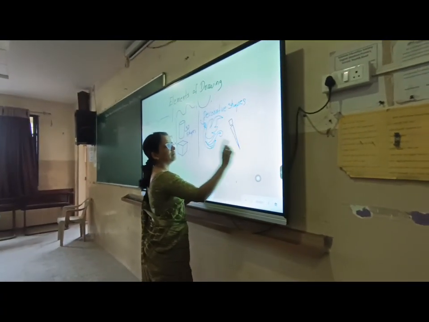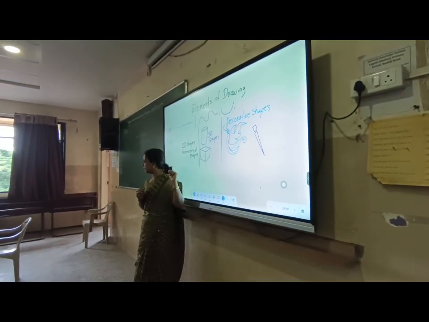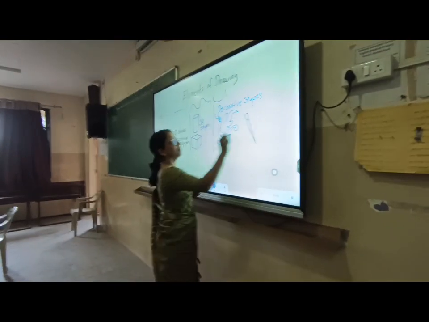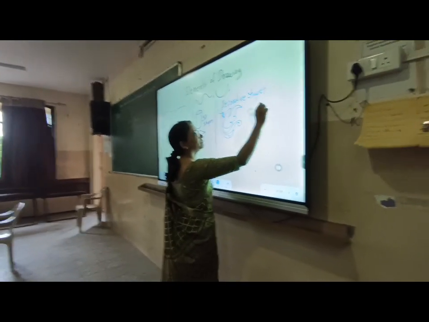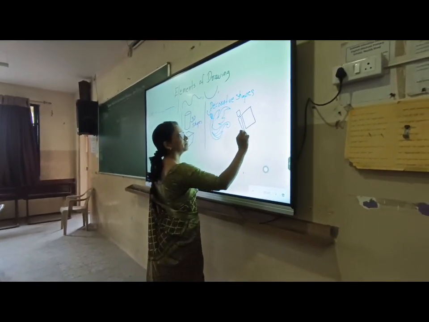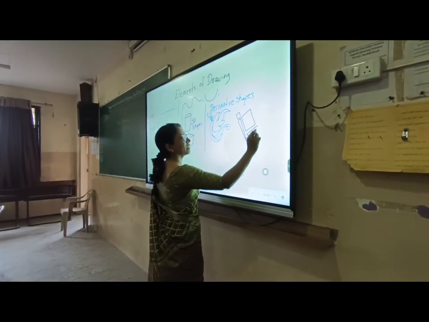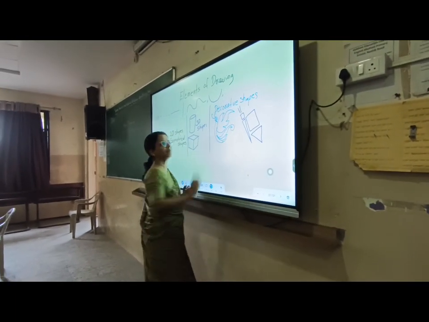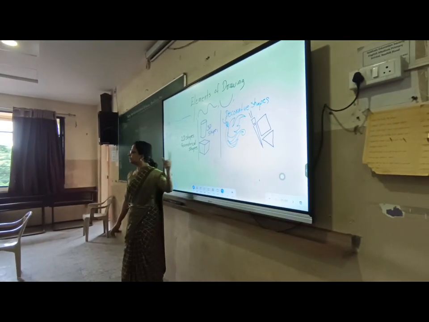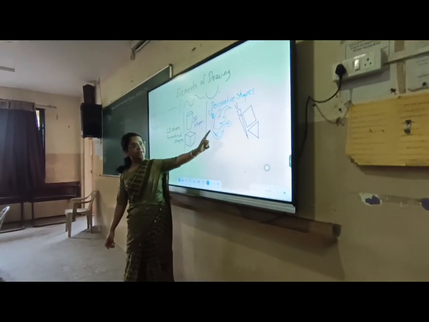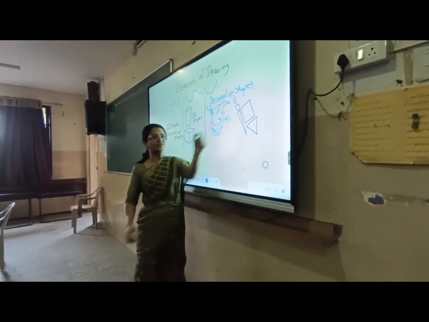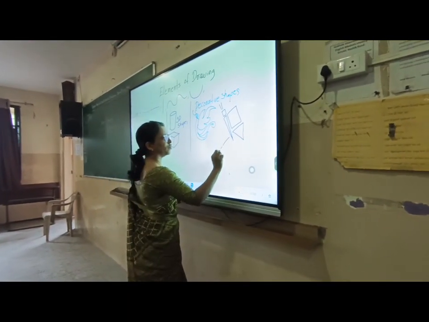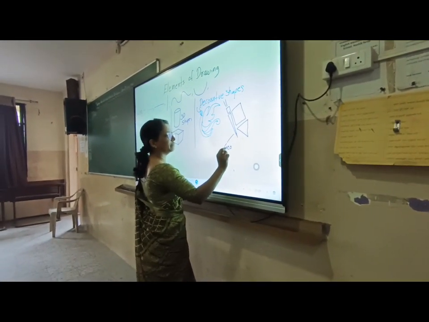See, one square, one triangle I have used. What is this? Butterfly. But this butterfly is a decorative shape and this butterfly is a geometrical form or shape.